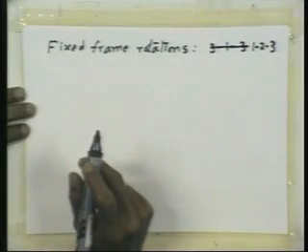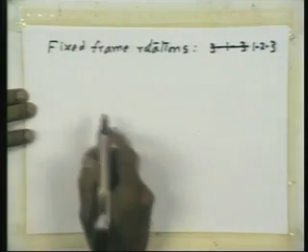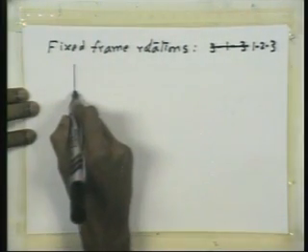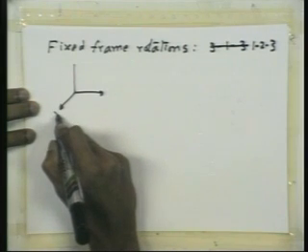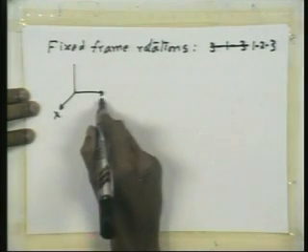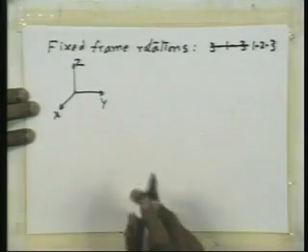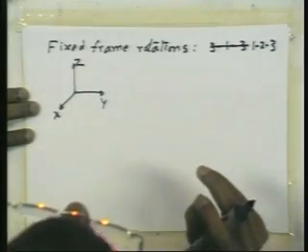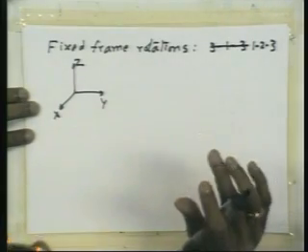So how do we do the rotation? The idea is this: suppose this is a global reference frame. Initially, the local reference frame is in coincidence with the global reference frame and oriented, aligned in the same directions.